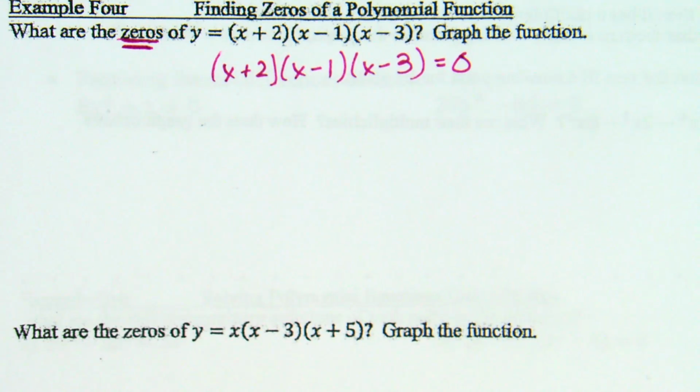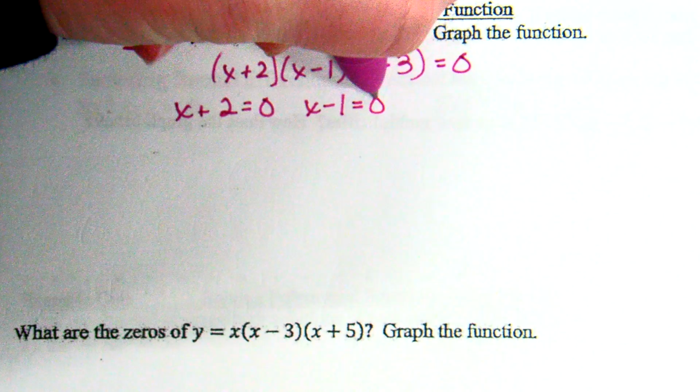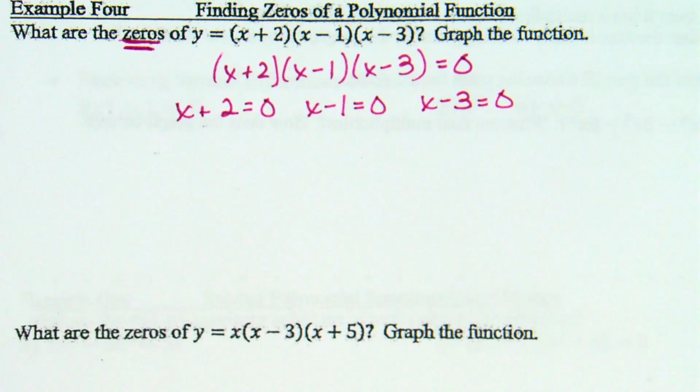So I'm going to set x plus 2 equal to 0, x minus 1 equal to 0, and x minus 3 equal to 0. You know how to solve those, right? If it's x plus 2, I'm going to subtract 2.